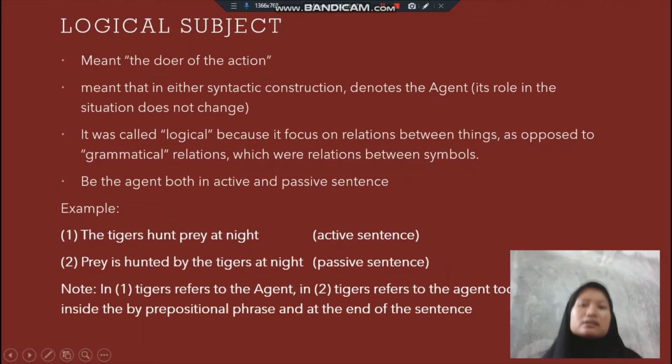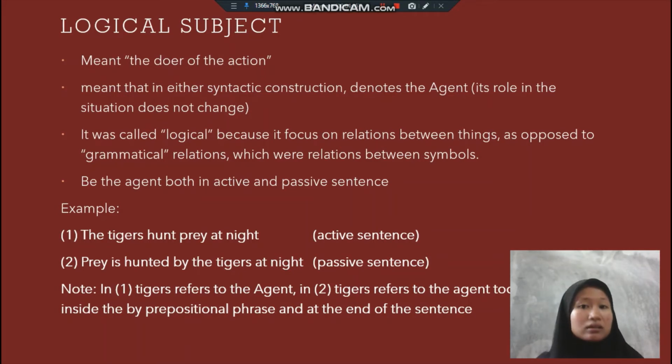Next is logical subject. Logical means the doer of the action or the agent of the action. It means that in either syntactic construction, it denotes the agent. Its role in the situation doesn't change.